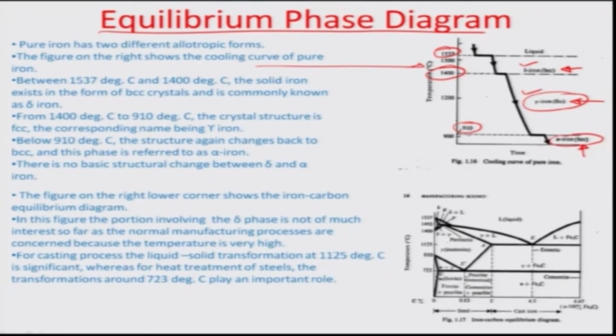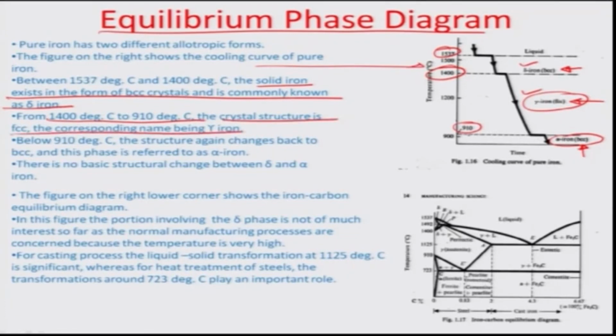So, the solid iron exists in the form of BCC crystals commonly known as delta iron. From 1400 to 910 degrees Celsius the crystal structure is FCC, corresponding to gamma iron, and below 910 degrees the structure changes back to BCC, and this phase is referred to as alpha iron. So, you are adding an additional complexity to this whole paradigm by giving two different structures at different temperature ranges.